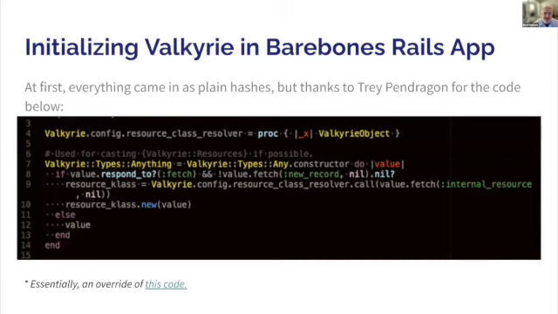And I would like to thank Trey Pendragon for pointing me to, as well as helping me get to that point, which is basically this code inside of the Valkyrie.rb initializer. It basically treats everything that comes in as a Valkyrie object, which is something that we created on the fly while he was looking over my code.